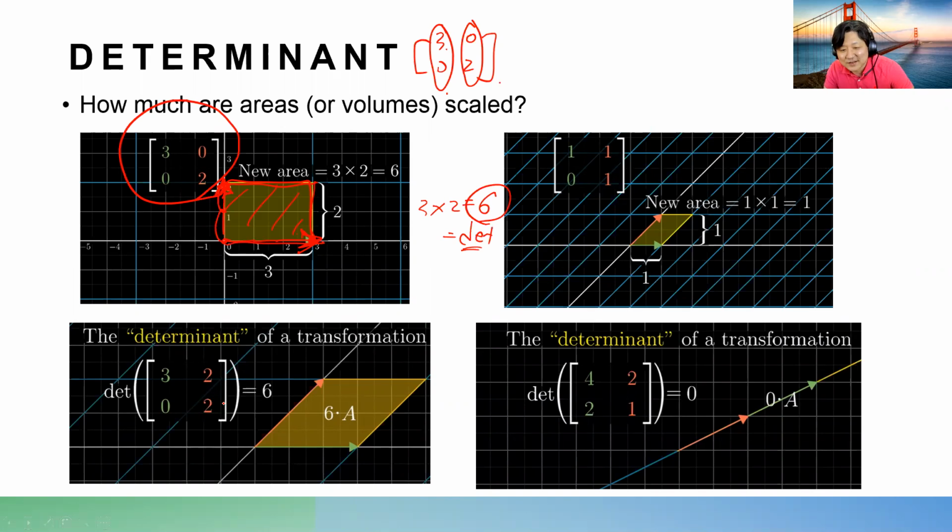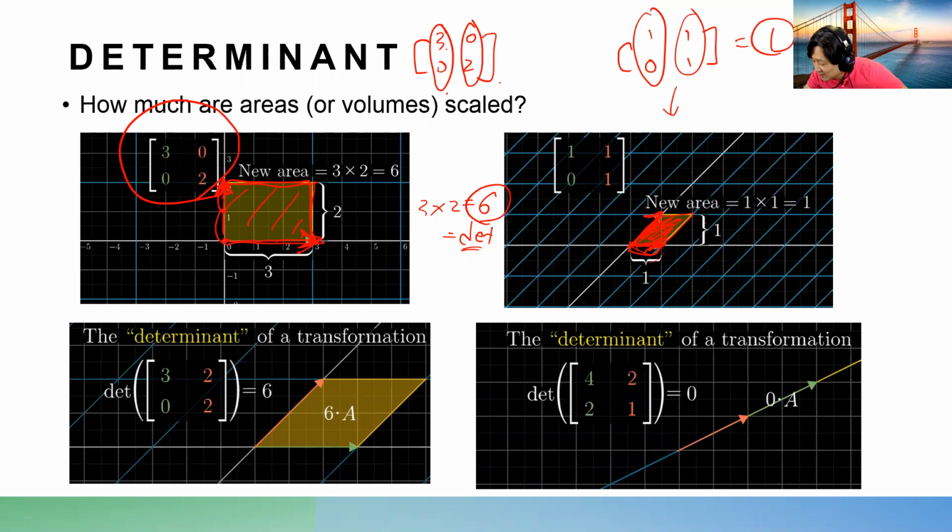Okay. What about this case? Think about this: 1, 0, 1, 1. The first column vector is 1 and 0, and the second column vector is 1 and 1, right? These two vectors make this shape. The area is 1 times 1, which is 1.